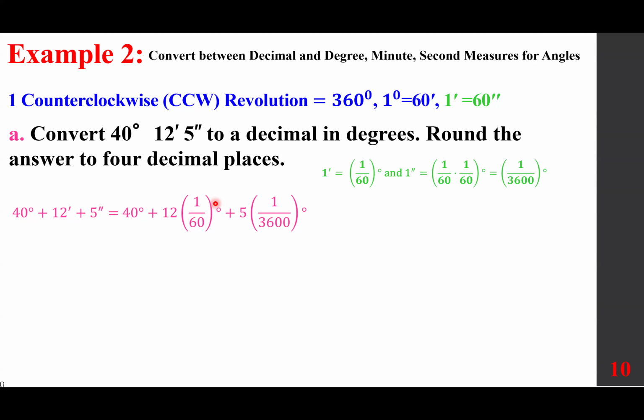This one, 12 divided by 60 becomes 0.2, and this becomes 0.0014. So this means 40, and we are going to add those two: 0.2014 degrees. And remember, they wanted the 4 decimals. This was exact. This one, we used 4 decimals.